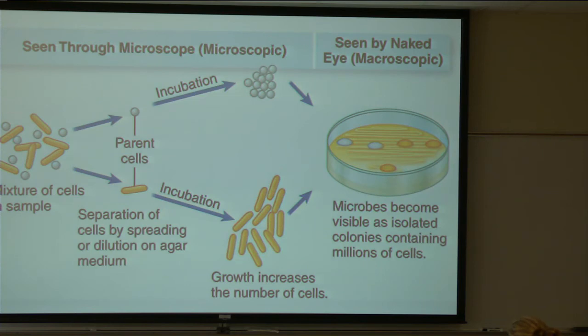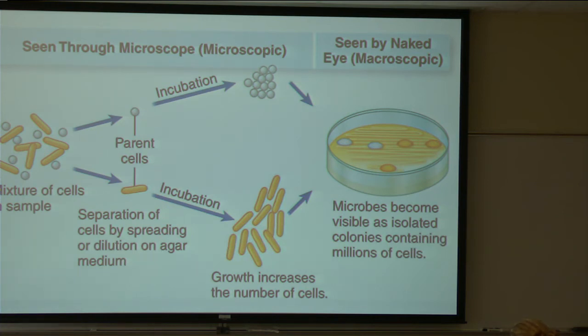So these colonies started from 1 bacterial cell. Began from 1 cell and just multiplied and multiplied and multiplied. They were in the right growth environment, turned into millions of bacterial cells.